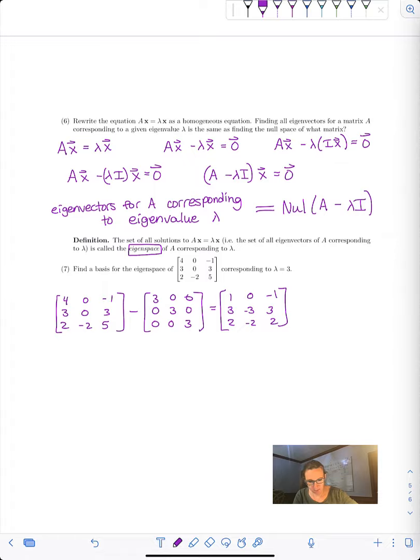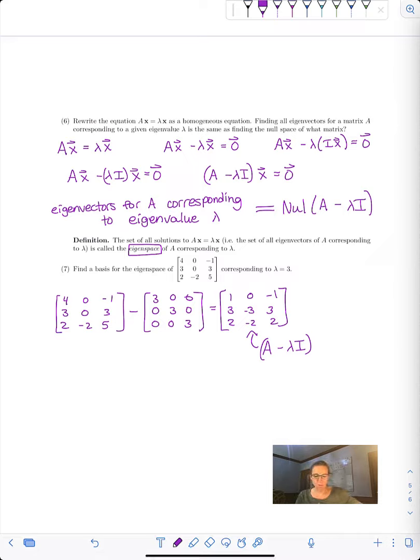So now we have our A minus lambda I. So this right here, sorry about the beeps, is A minus lambda I.